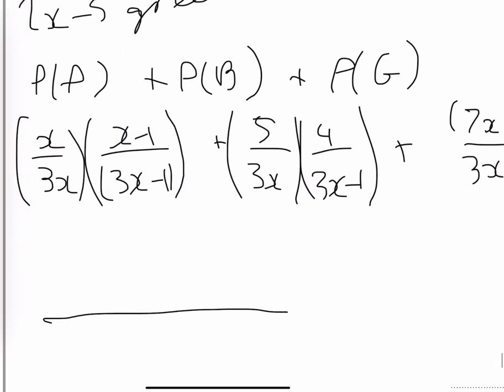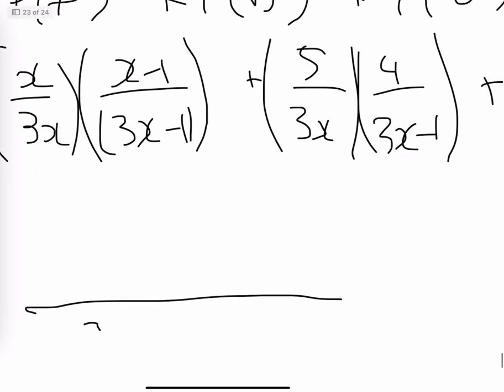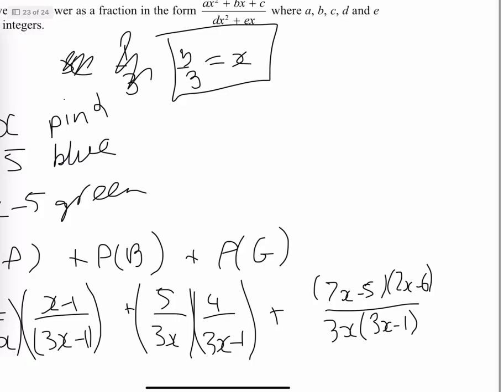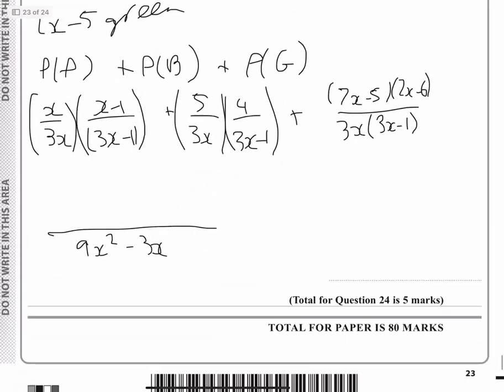Now combine these, what do we get on the bottom? Denominator is probably easiest to deal with. That would give us 9x squared minus 3x. Did they want it in that form, or did they want us to... No, they didn't, so that form is more than fine.